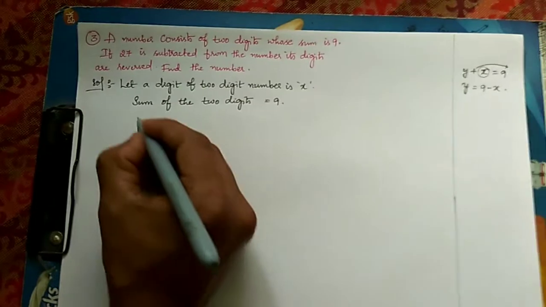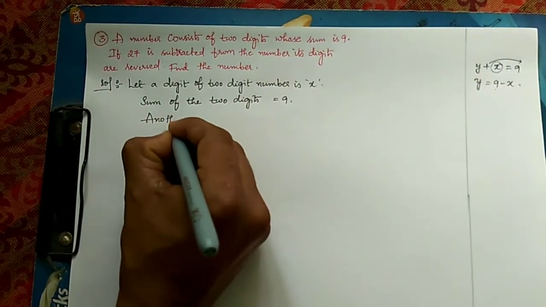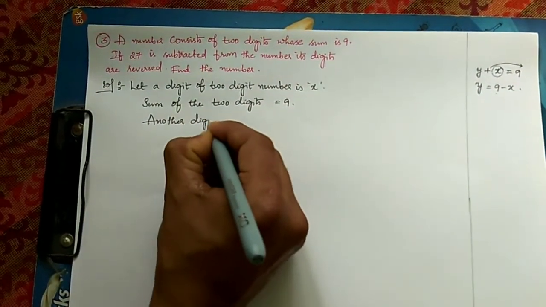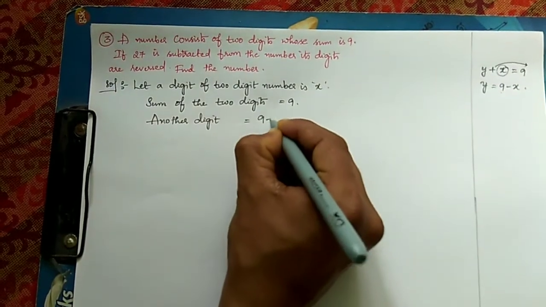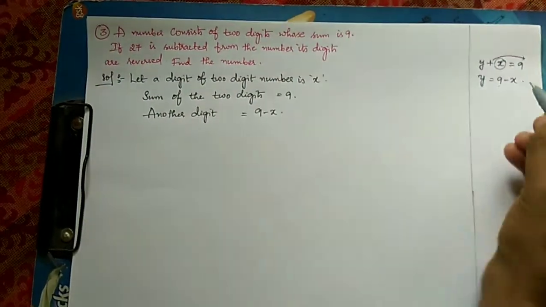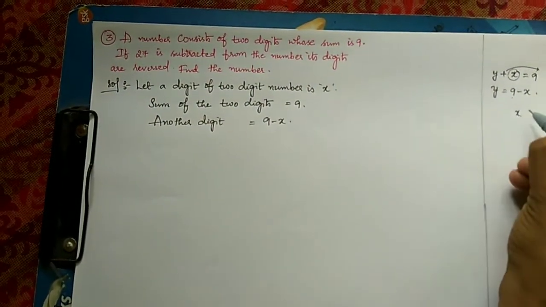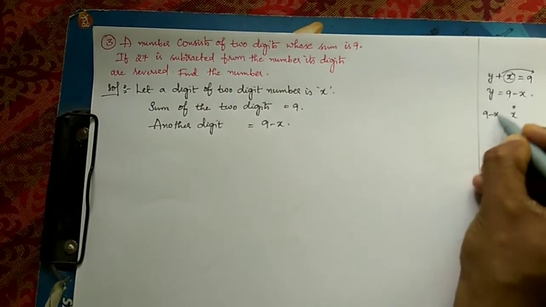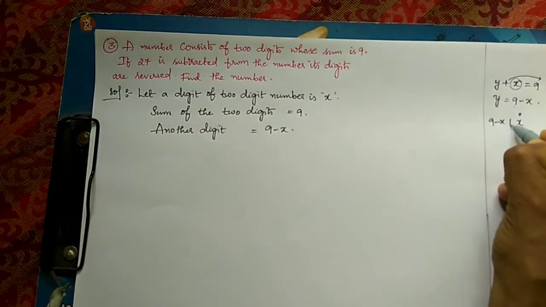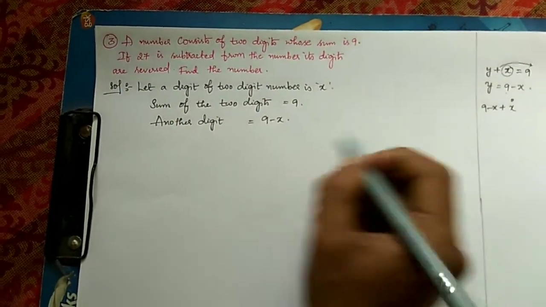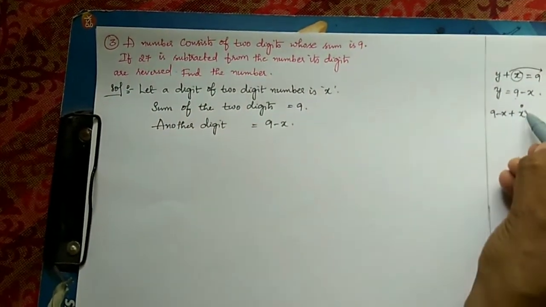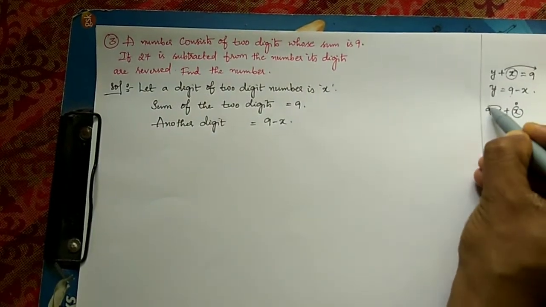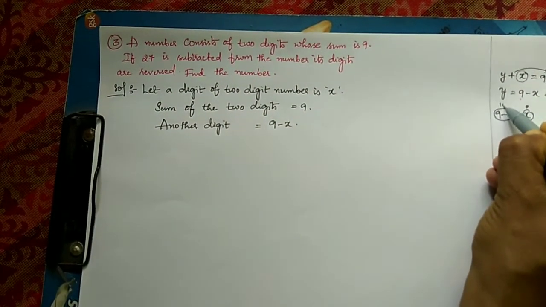So we write the other digit is equal to 9 minus x. Look here, x is in ones place and 9 minus x is in tens place.